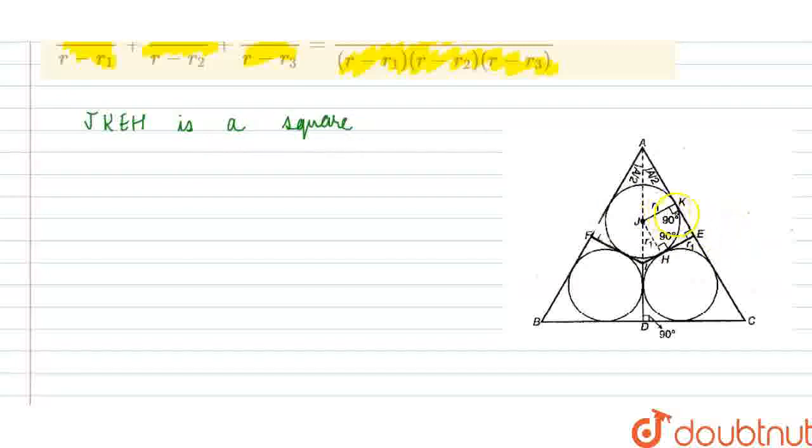Because all the angles are 90 degrees, this is 90, this is 90, this is 90, so this must obviously be 90. Therefore, because all angles are 90 degrees, this is a square. Therefore, we can say that HE is equal to JK. So, if this is a square, then HE is equal to JK is equal to R1.